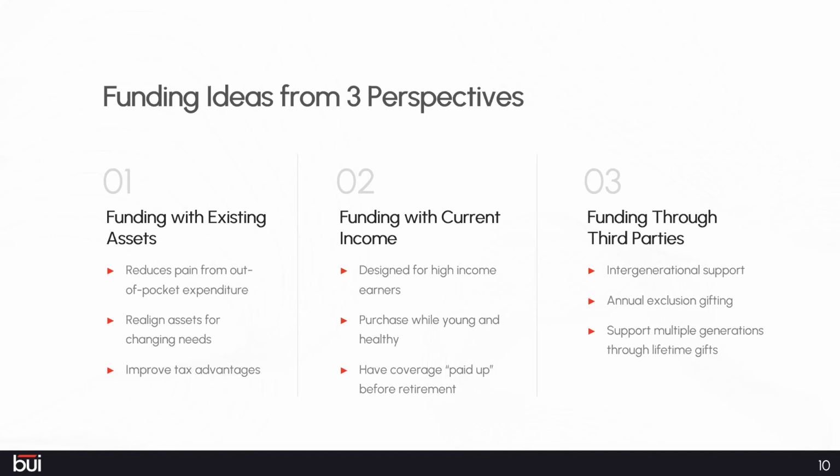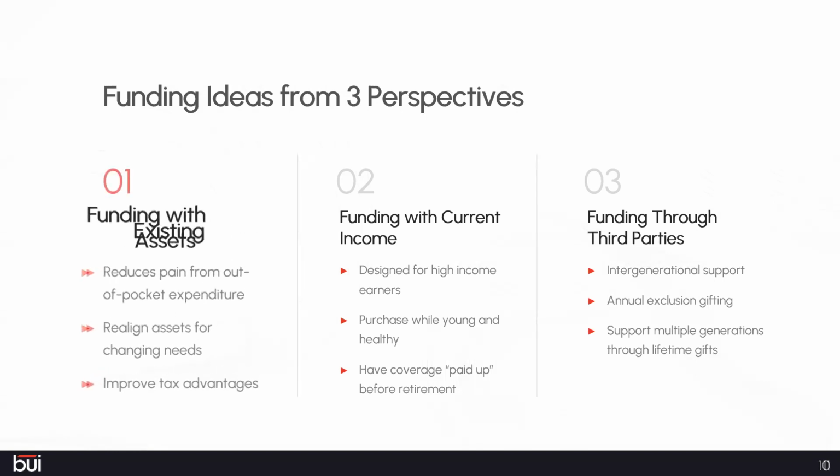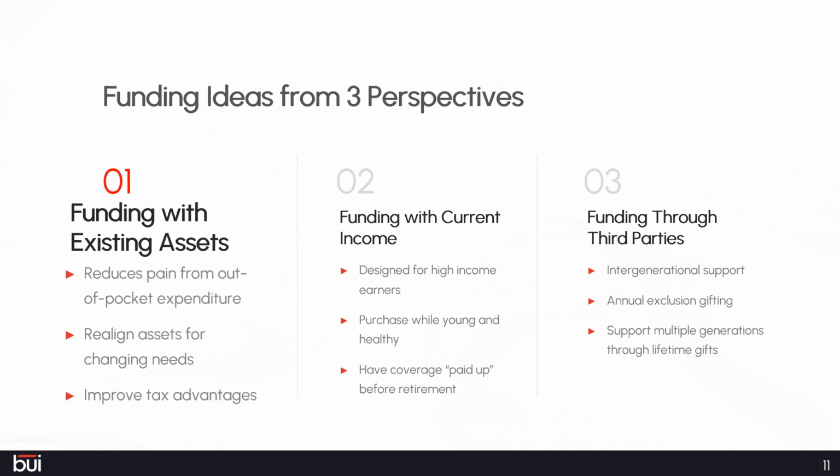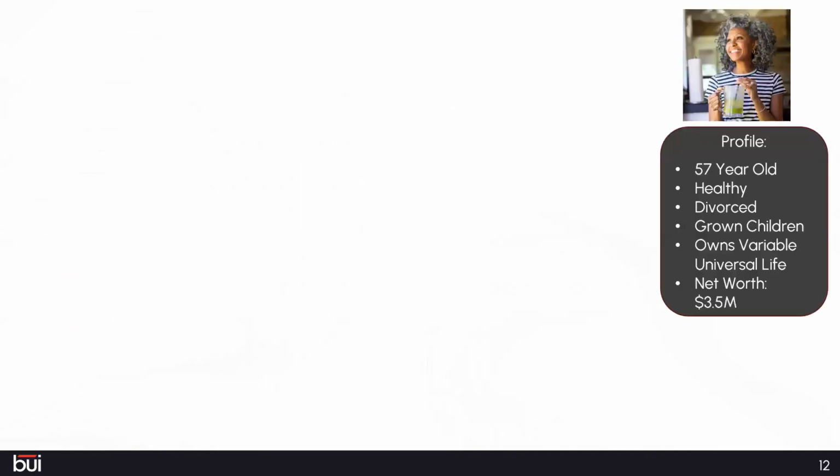So in each of these case studies, at the end, we're going to go through the specific ways that the insurance recommendation ultimately benefits this client and helps them achieve their goals and objectives. We'll start out, as I said, with funding with existing assets.